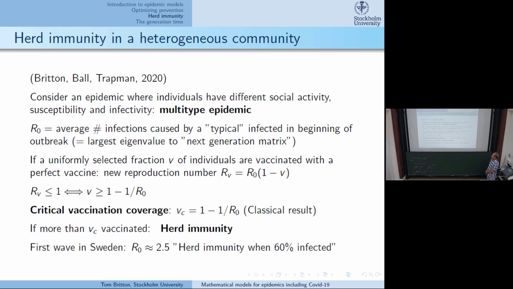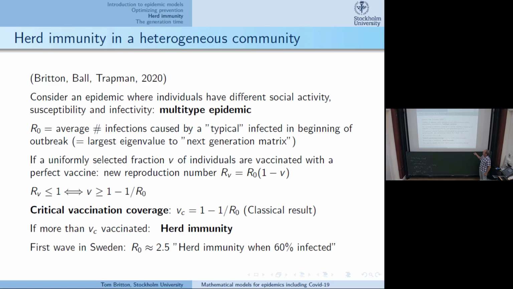I will not go into that much detail, but first a very classic result, and that is, suppose you vaccinate a fraction V before the epidemic, and let's assume that we have a perfect vaccine, so you get 100% immunity forever, or for the time of interest. Then, if you do that, you get a new reproduction number, which you can index with V being the fraction that you have vaccinated.